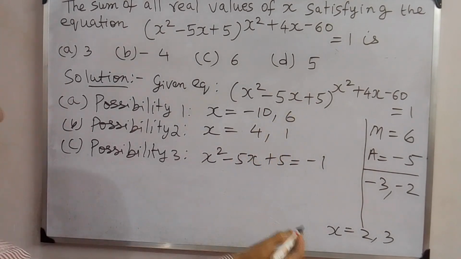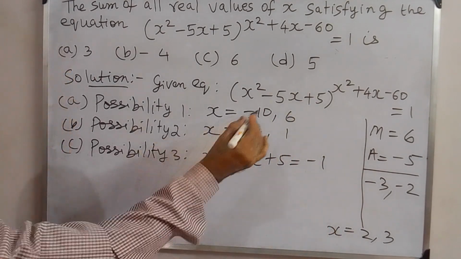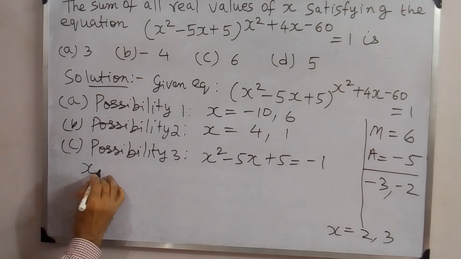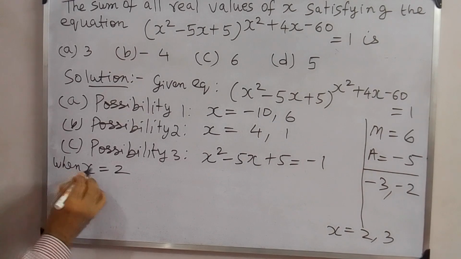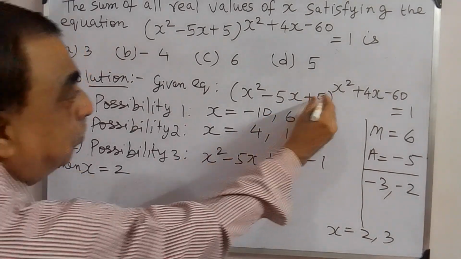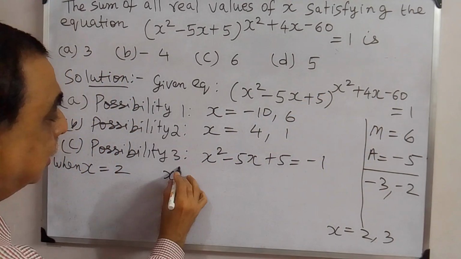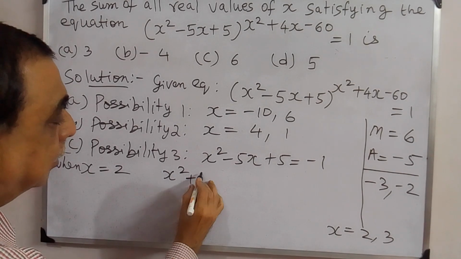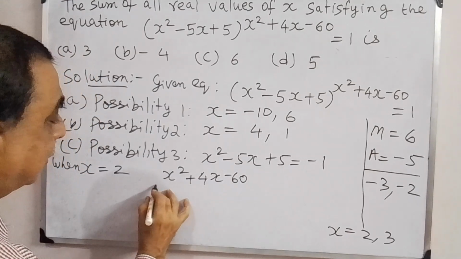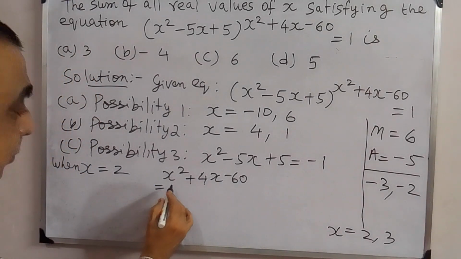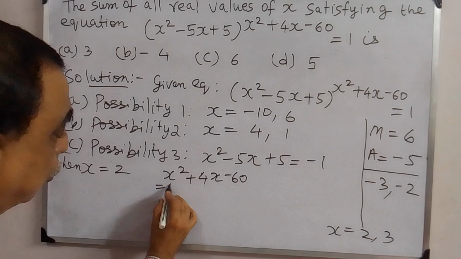So now I am checking with x equals 2 in the power. When x equals 2, what will be the value of this power? It will be x squared plus 4x minus 60. For x I am putting 2.